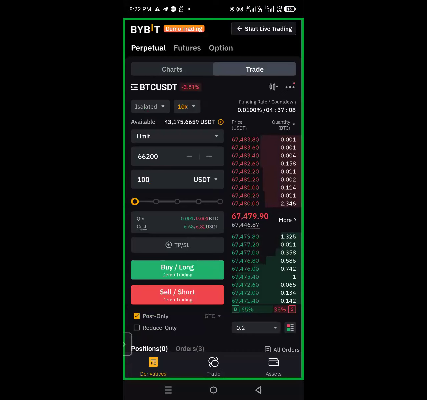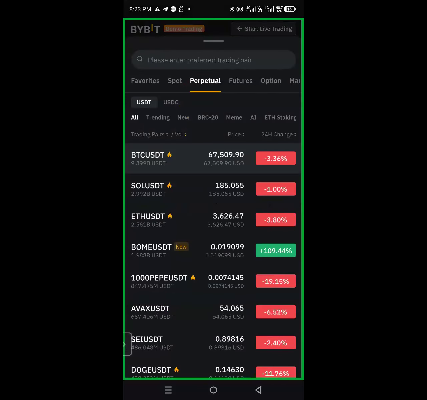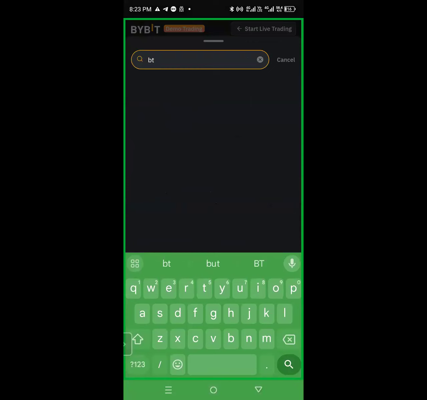That's where you select the currency. It's the BTC USD that is selected here, but I should still show you how to select it. Whatever is here, just click on the search box. You can use that to search out your preferred pair, the currency pair that you're willing to trade.